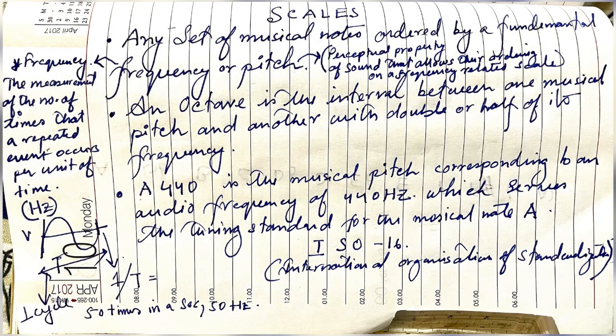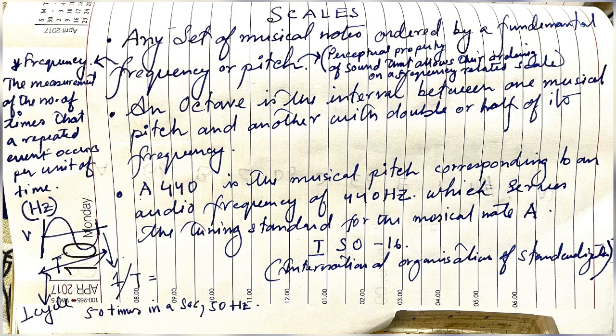Now we move on to the concept of scales. Any set of musical notes, as we learned in the last lesson, that is A, B, C, C sharp, D, ordered by a fundamental frequency or pitch can be termed as scales.